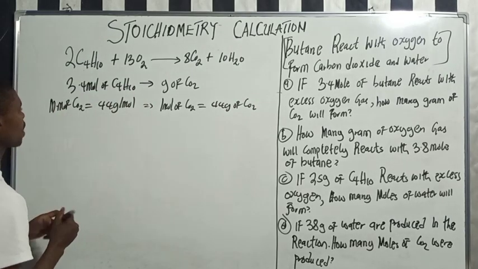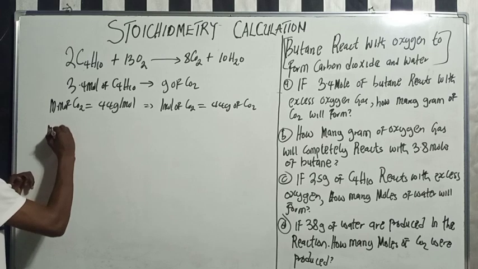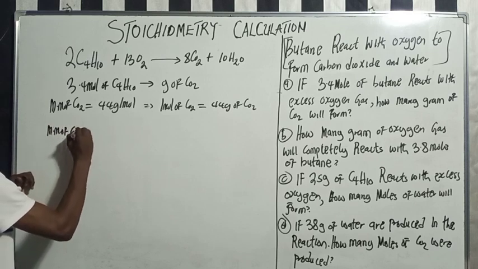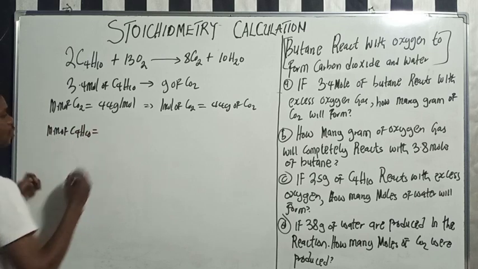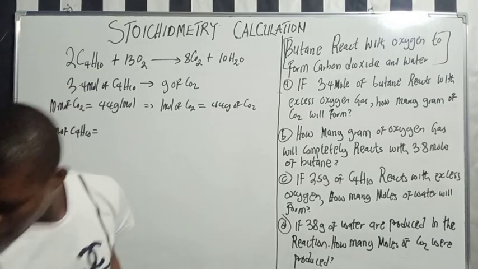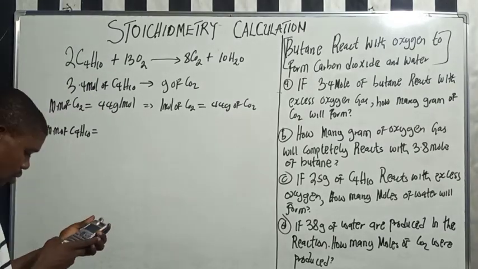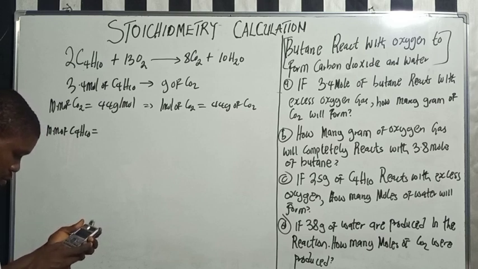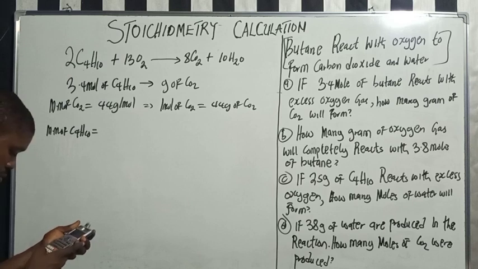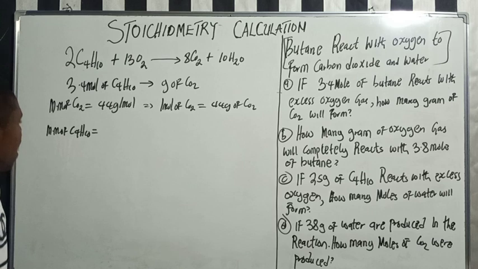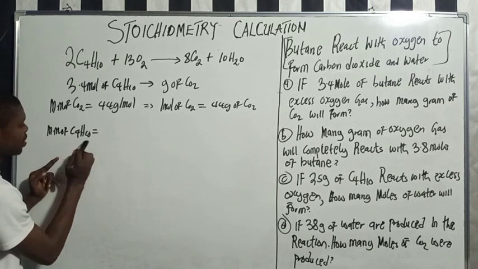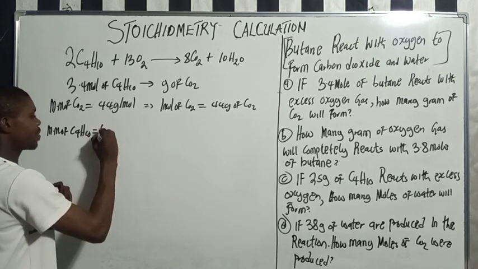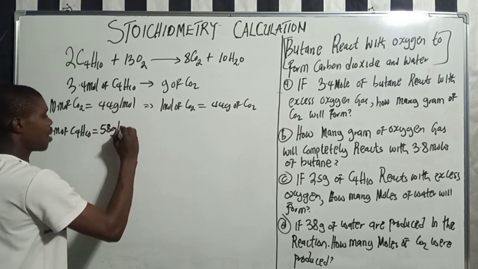The next one to look at is the molar mass of C4H10. If you do the calculation, if you calculate the molar mass of C4H10, here I have 58 gram per mole.